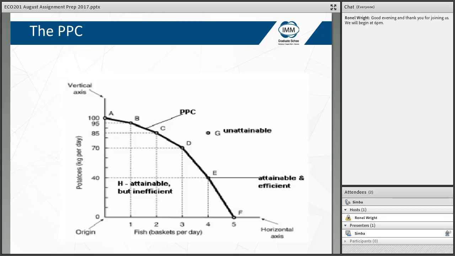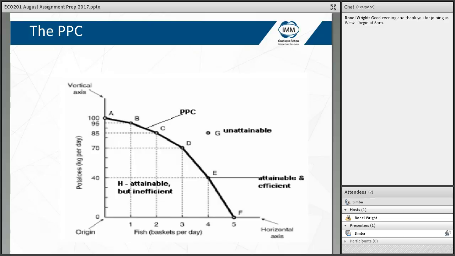But all points on the PPC show us combinations that are efficient and attainable. Using the resources that we have, we can produce at all these points. In the short run, this is the best that we can do with the given resources. This is the maximum that is attainable.